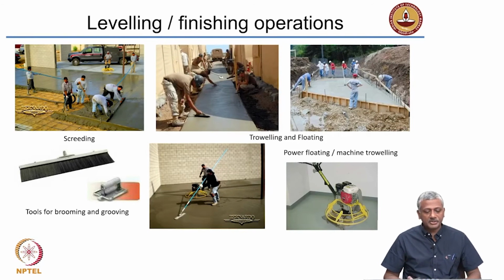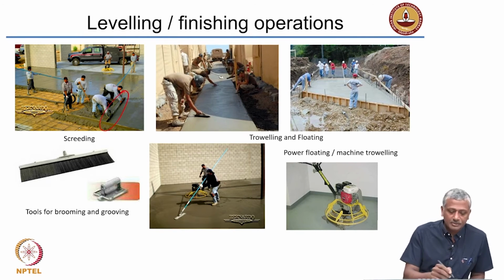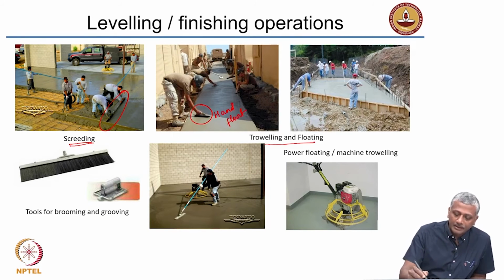So, I will show you these pictures here. You see this example of the people striking off the excess material, this is called screeding. Now, troweling and finishing, floating are shown here. This is a handheld float. And again, another example of a float. This here, for instance, what this person is holding, that is called a bull float.